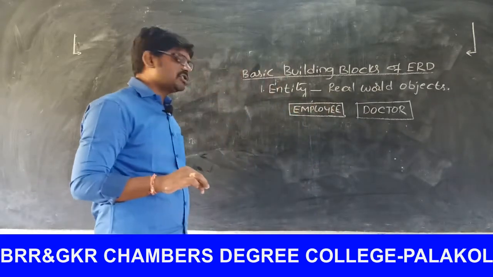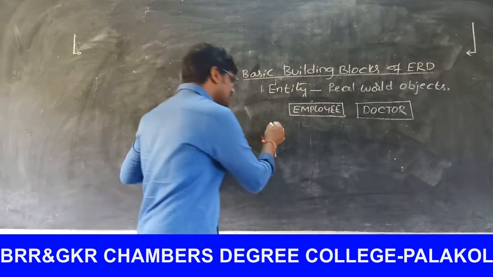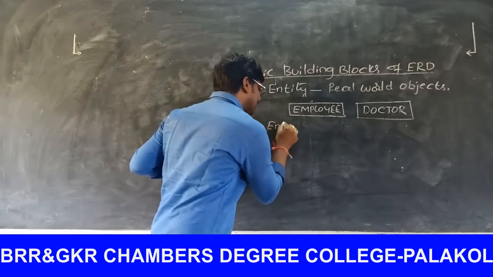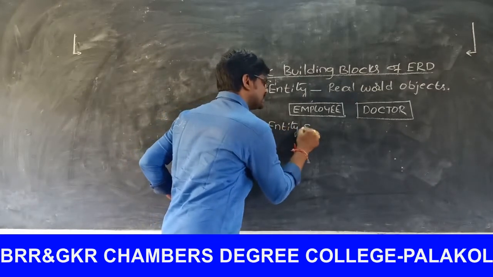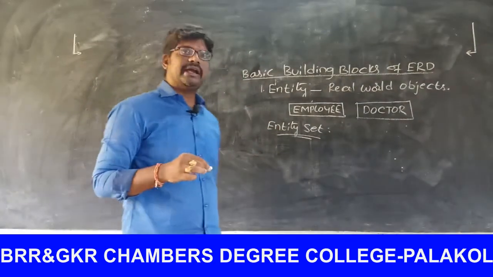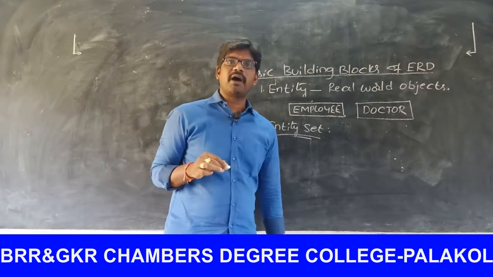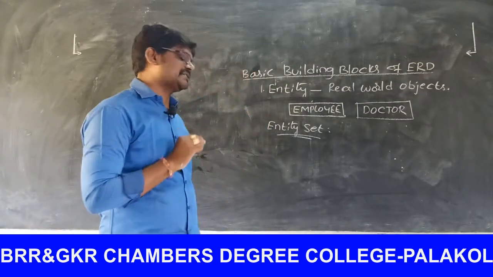And next one. What is meant by entity set? Another definition related to entity. An entity set is a group of similar kind of entities.